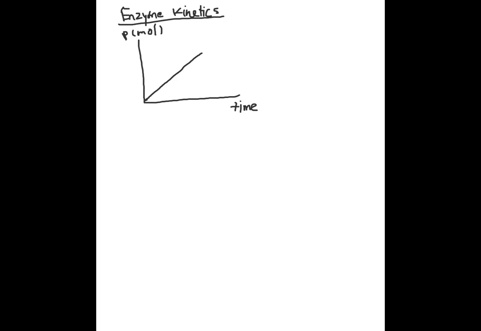You would have a linear line in this graph. One thing to keep in mind is that in this type of graph between product and time, the slope of this graph would tell you the V0 or initial velocity. So you can calculate the slope of this graph and you get the velocity of the reaction.